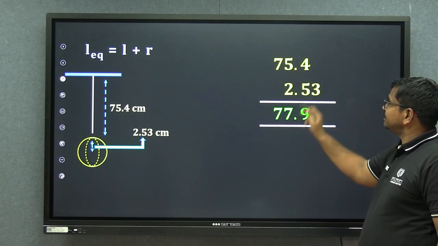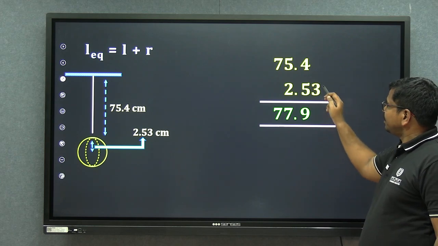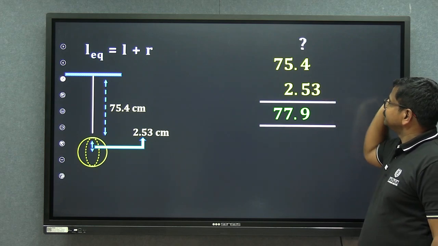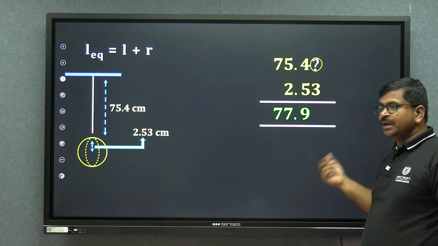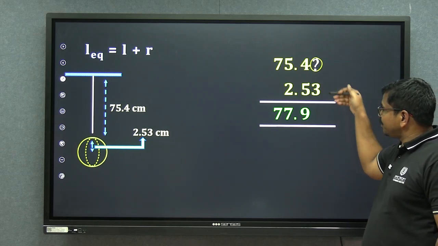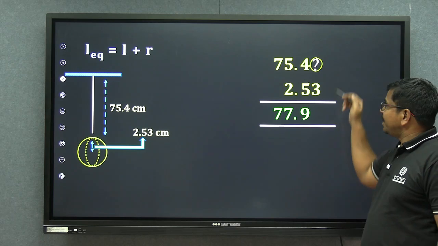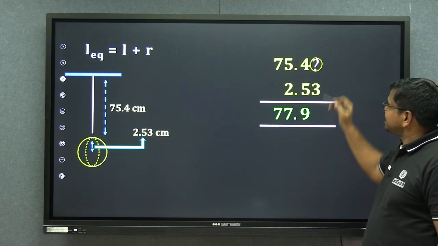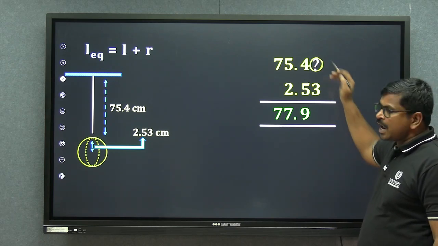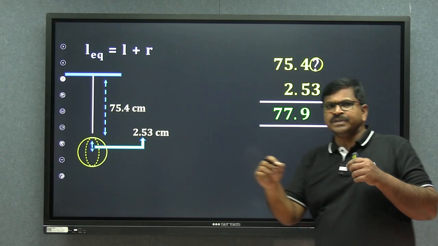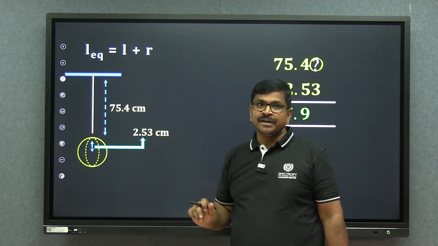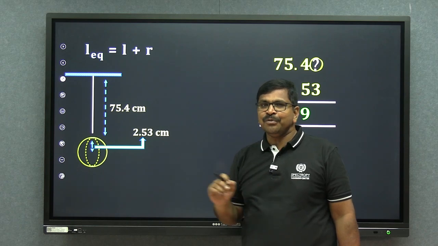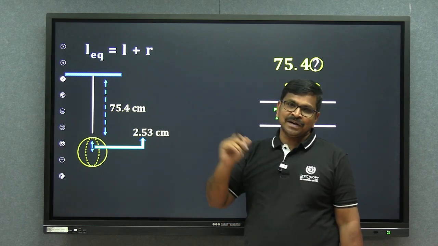75 plus 2 is 77, 4 plus 5 is 9, but 3 plus what is there here? Here, I don't know which number is available. Mathematically, we consider this as 0, and 0 plus 3, 3 we will put here. But scientifically, as this value is not known, at the time of measurement, the instrument which was used to measure the length of the string has no accuracy beyond that level.